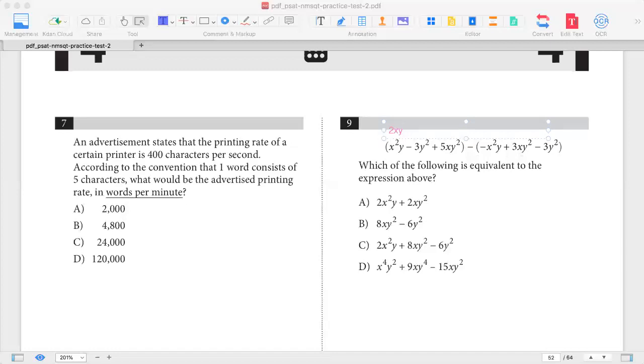So I will put positive 2xy squared. So let me write here the exponents. I have an exponent of 2 here, and I have an exponent here. So which is my answer? A is my answer.